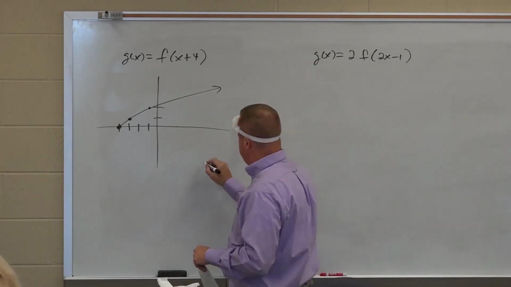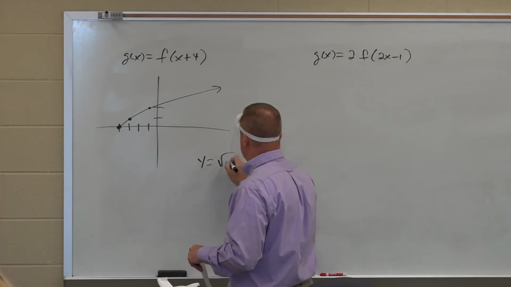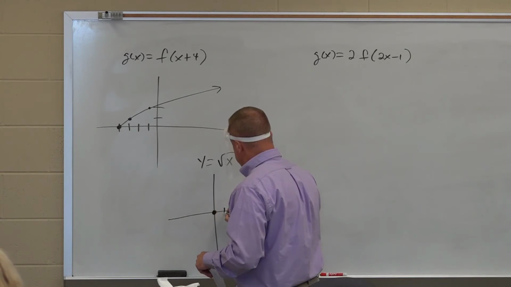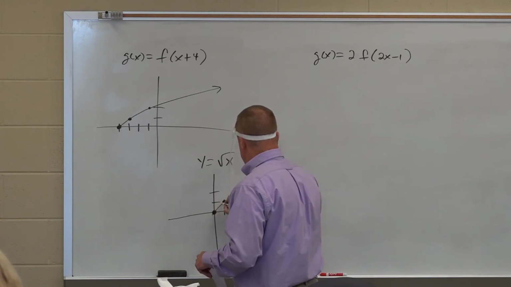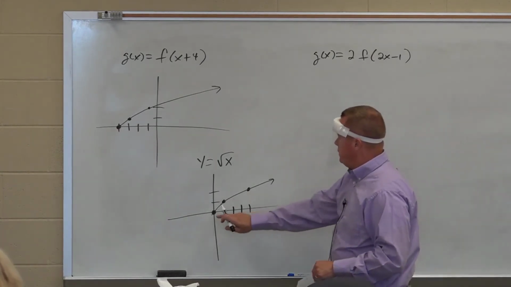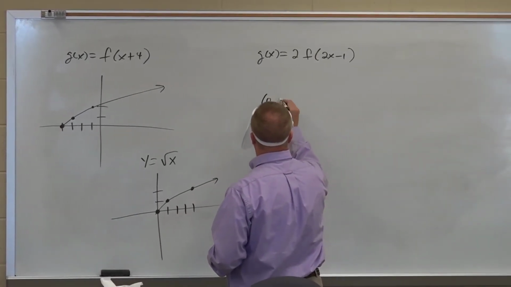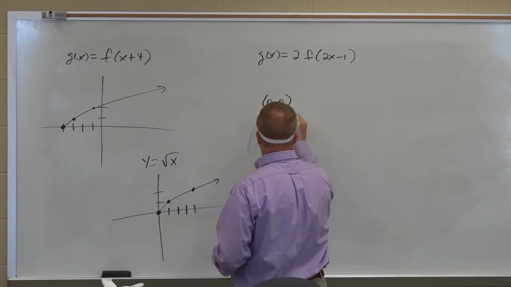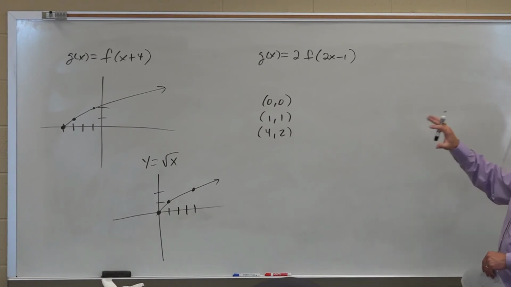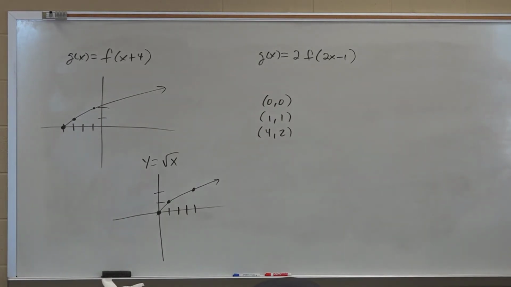So if I have y equals root x, I have 0, 0, 1, 1, 4, 2. Got that, okay? So I'm going to take these 3 points, 0, 0, 1, 1, and 4, 2, and I want to transpose those into the correct points that those will change to from all that.